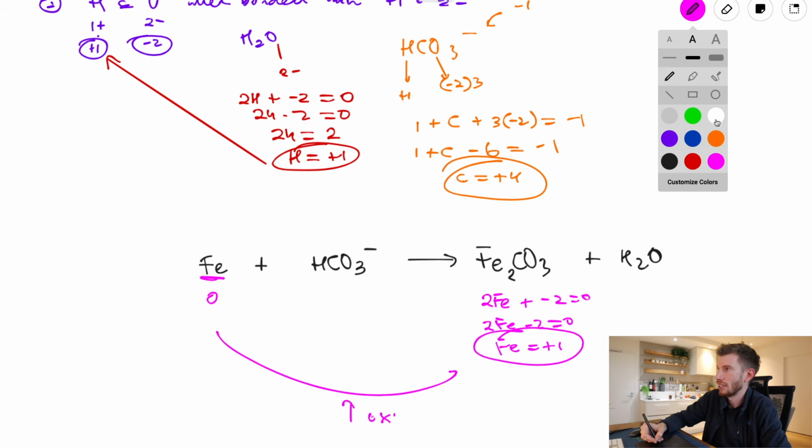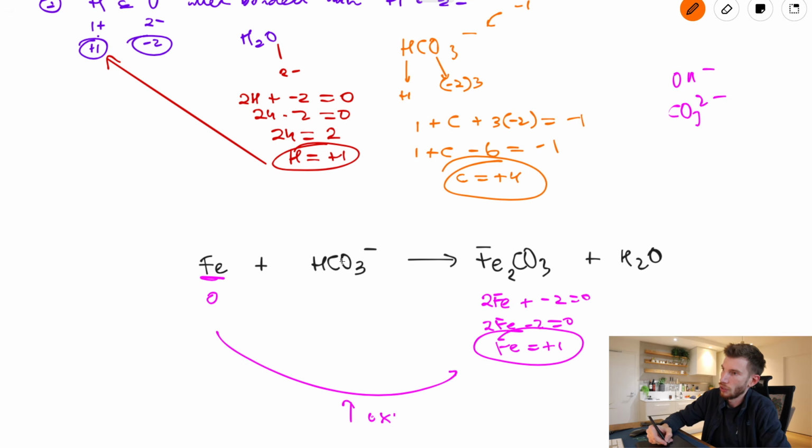Now let's see if I can find something getting reduced. So over here, if I try to build this, hydrogen's in the +1 state, oxygen's in the -2 state, hydrogen, which I know is +1, so +1 plus carbon, and then +3 lots of -2 is equal to -1. This is what we were doing before, so we get +4 for the carbon.